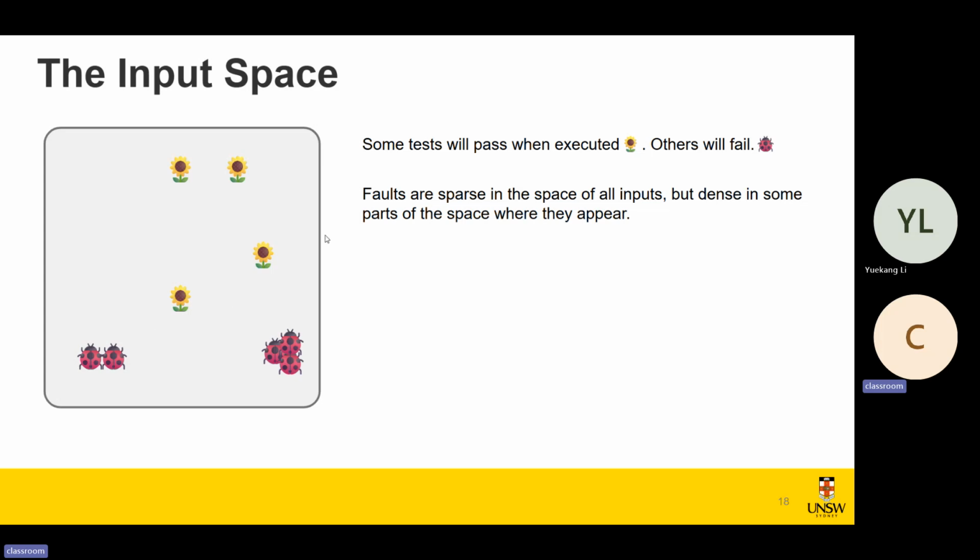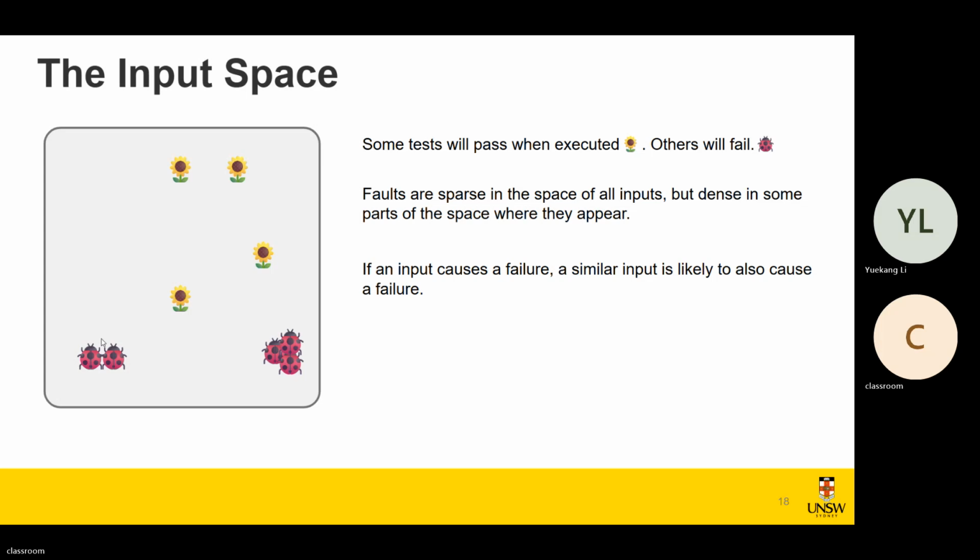So although the faults are very sparse, they could have a high density in those fragile or vulnerable regions. And if an input causes a failure, a similar input is also very likely to cause the same failure.